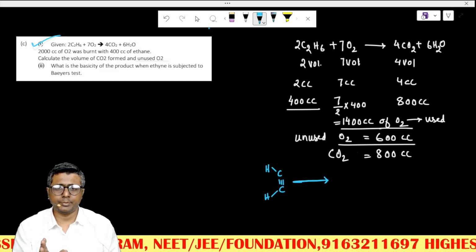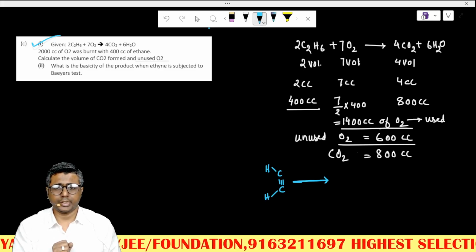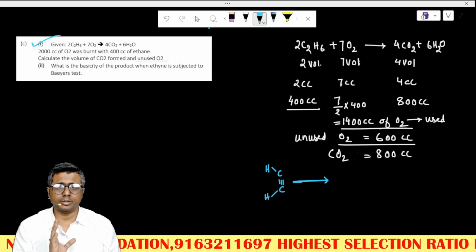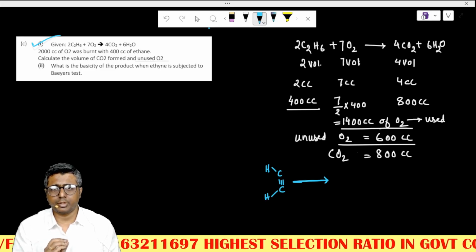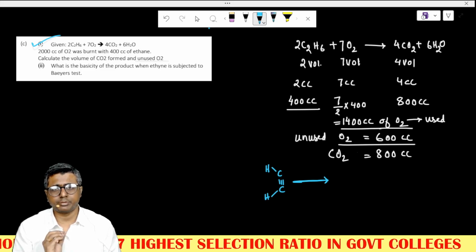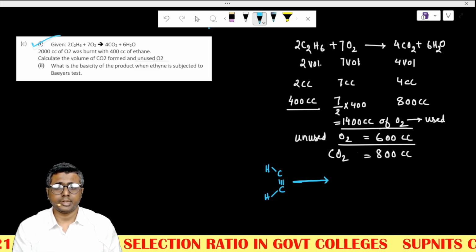This will not help you in organic chemistry. It will be a big blunder in your career if you continue writing C2H2 plus O2 gives CO2 plus water, rather than writing it this way.